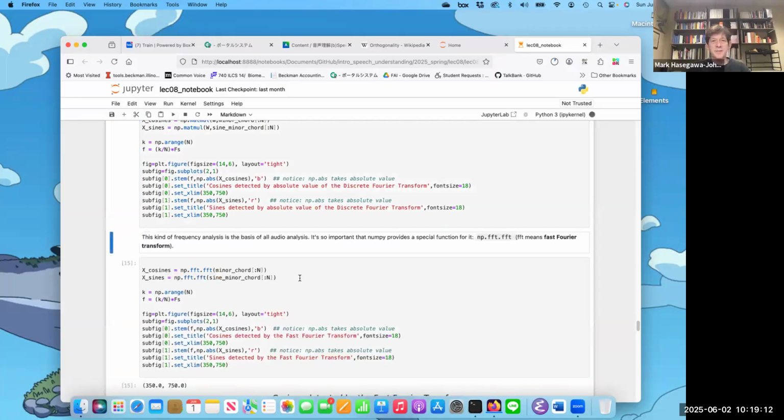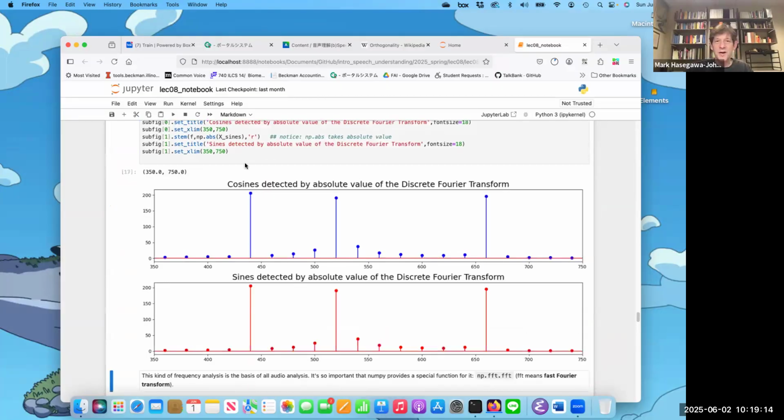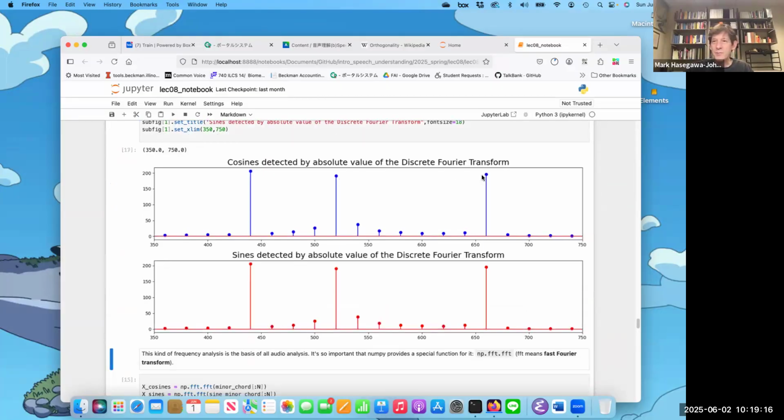So if I take the absolute value, then in both cases, I get a large output. It doesn't really matter anymore whether it's being detected by the real part or the imaginary part, right? The real part is the cosines, the imaginary part is the sines. In either case, we get a large output at 440 hertz, 512, and 655. And so we can see all of our tones.